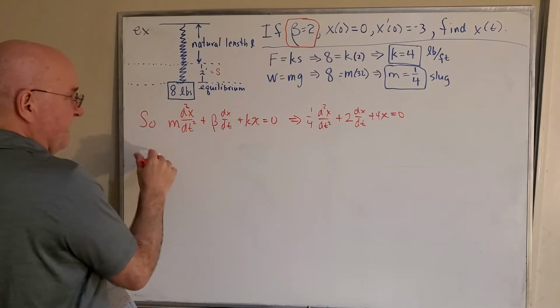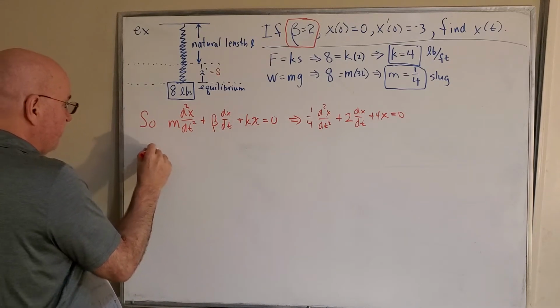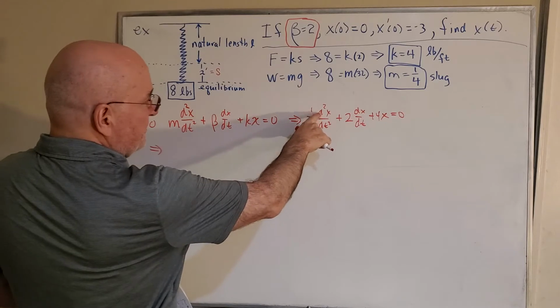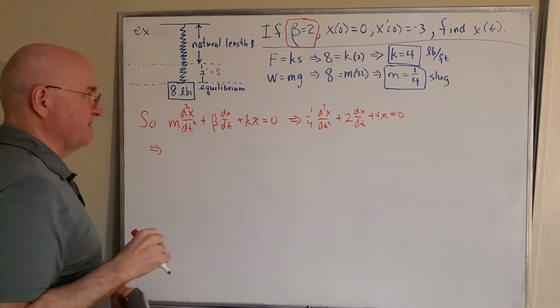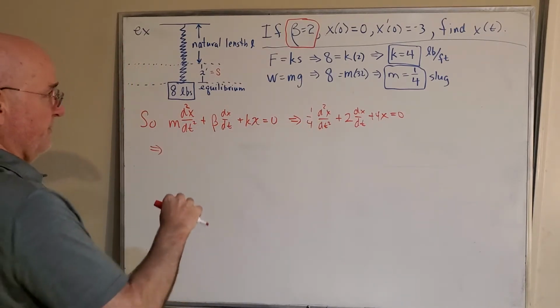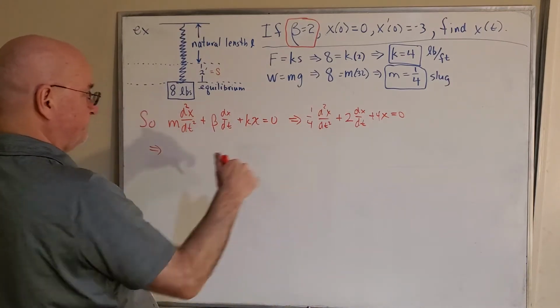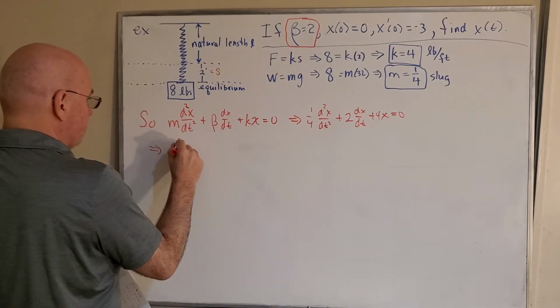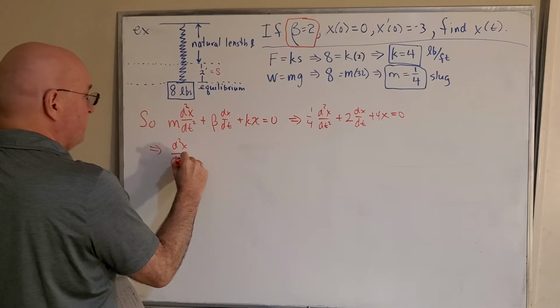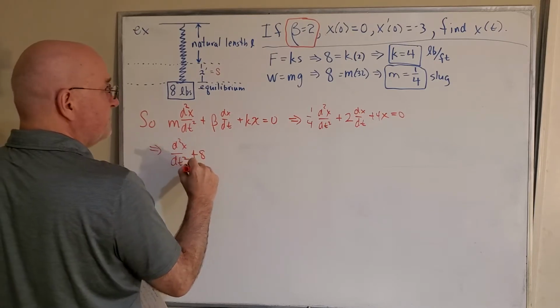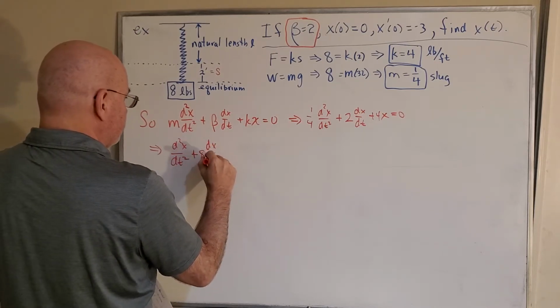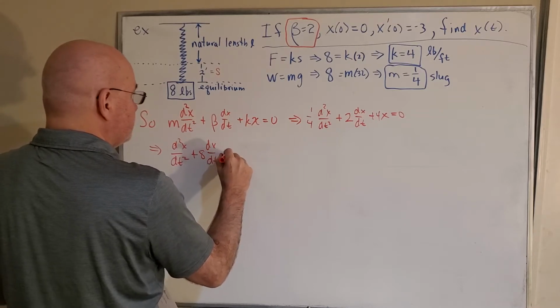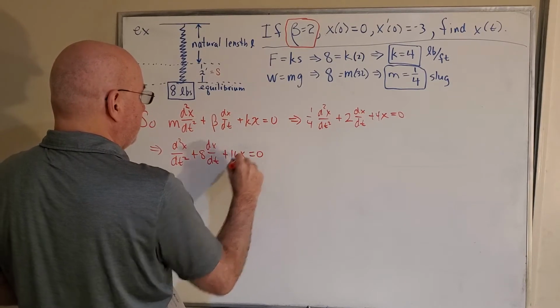That implies, let's get rid of this, we want a 1 as the coefficient of that second derivative term. Multiply everything by 4. Then we'll get d squared x dt squared plus 8 dx dt plus 16x equals 0.